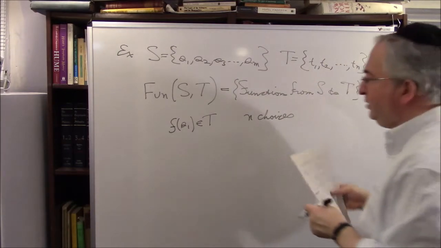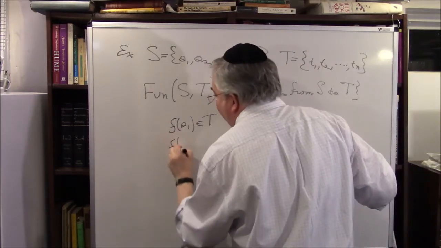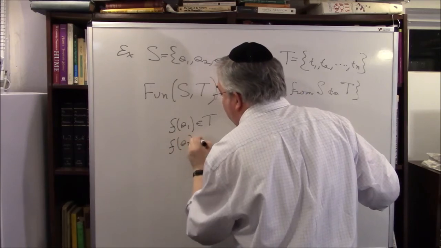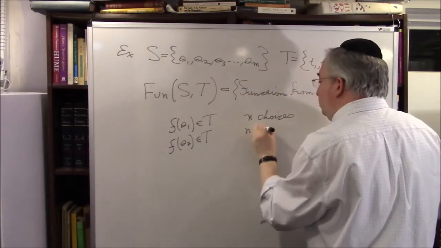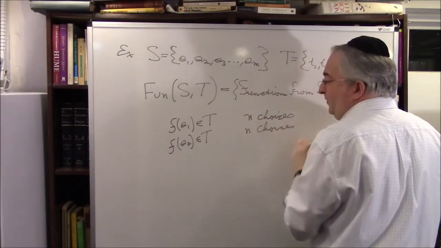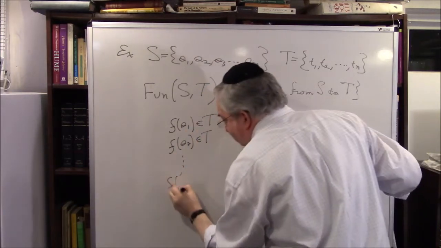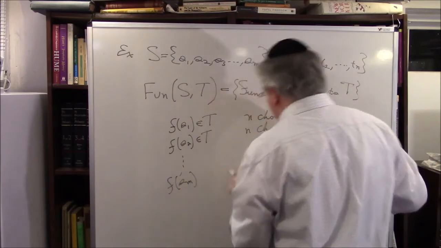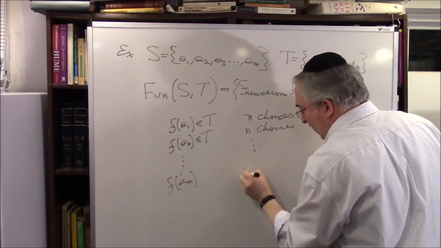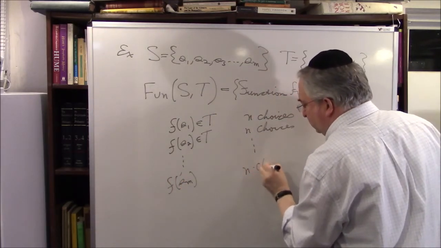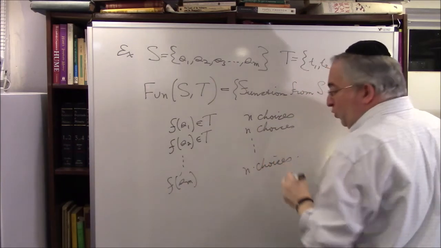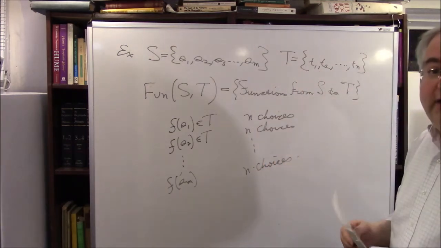This is what we're talking about, choices. Little f of s2 is also in T. There are n choices for that. Little f of sm also has n choices. We're describing this as a product rule.